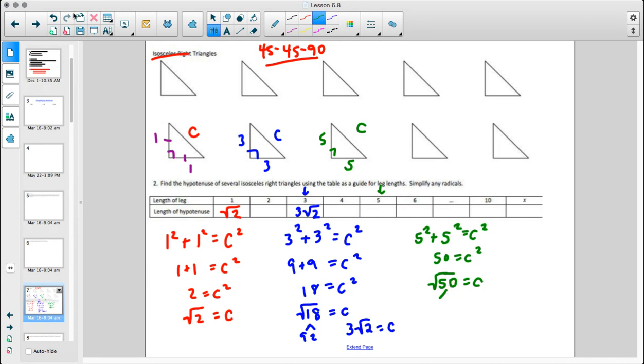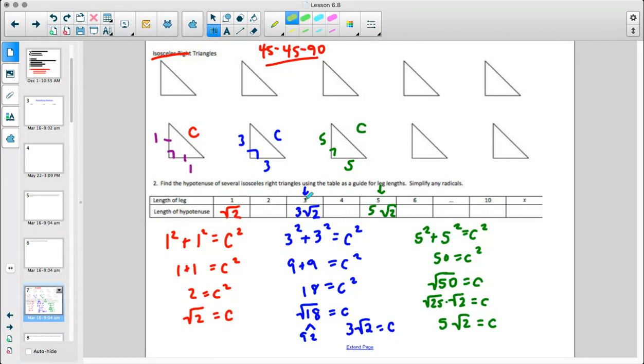We can simplify radicals in different ways. This is the same thing as the square root of 25 times the square root of 2. And I know the square root of 25 is just 5. So 5 root 2. And now, if you have a look, you can actually see the pattern that's taking place.